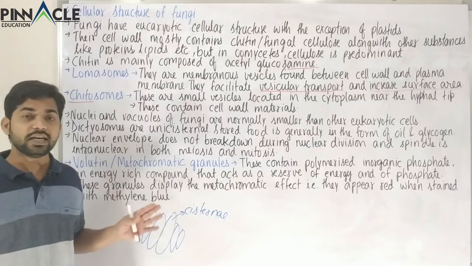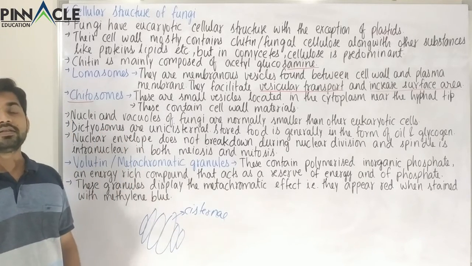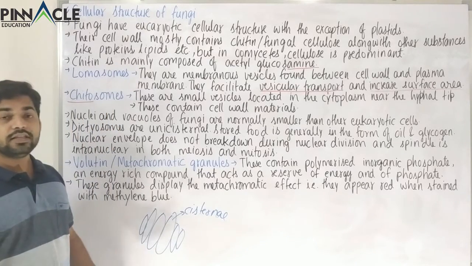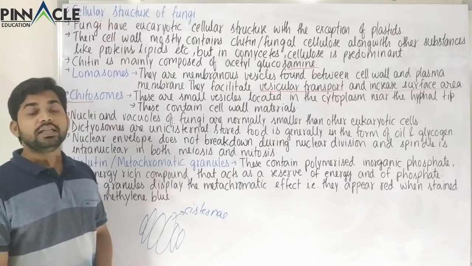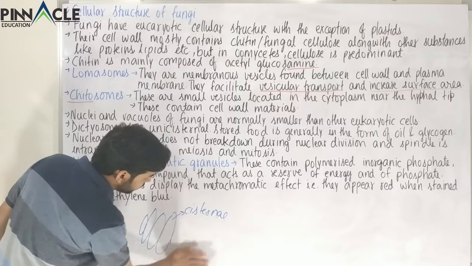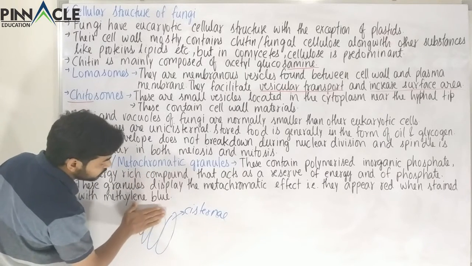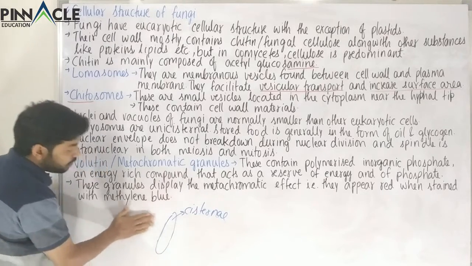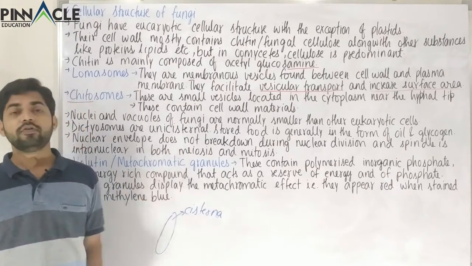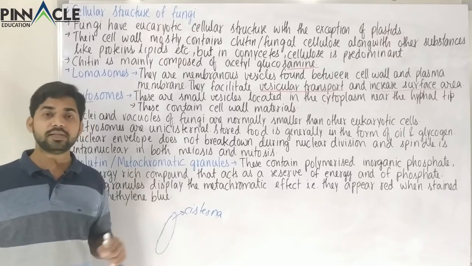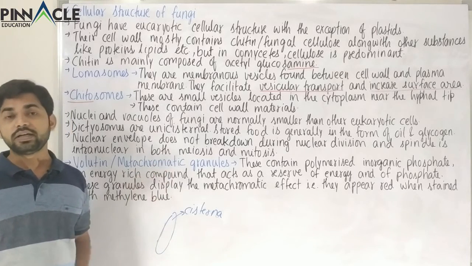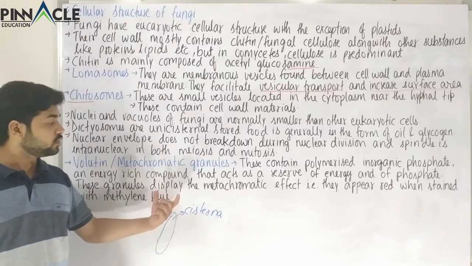In the case of fungi, these Golgi apparatus, or we can say dictyosomes, are unicisternal. That is, these do not contain so many cisternae. These contain only one cisterna. So in the case of fungi, the dictyosomes are normally unicisternal. But the diagram that we just drew, such a type of Golgi apparatus would be found in animal cells. But here in the case of fungi, the Golgi apparatus or the dictyosomes are unicisternal, that is only one cisterna is present.